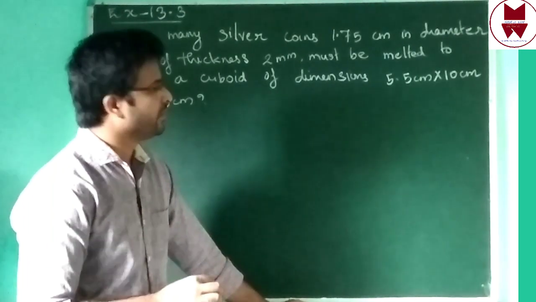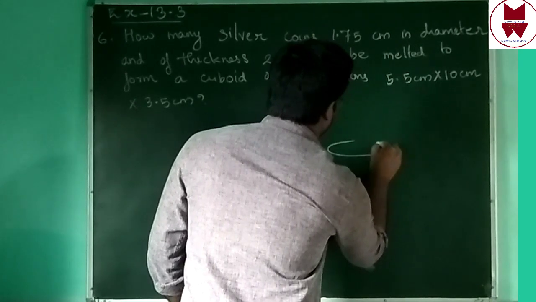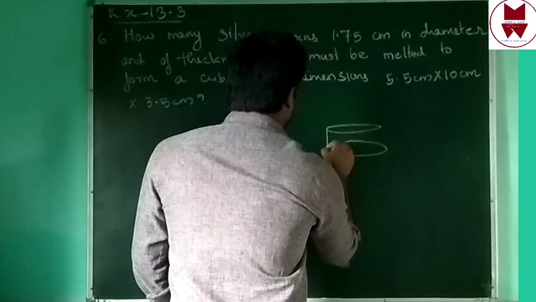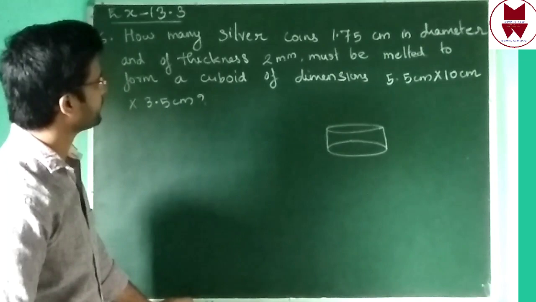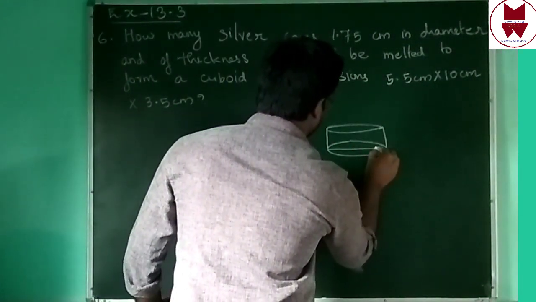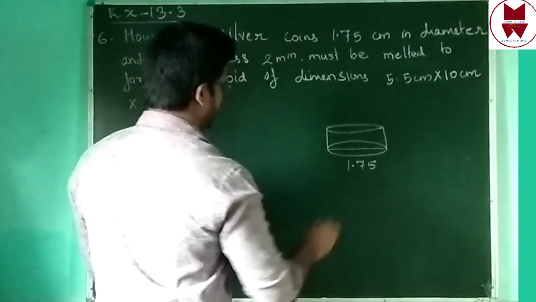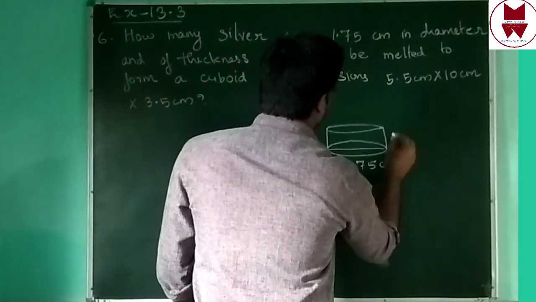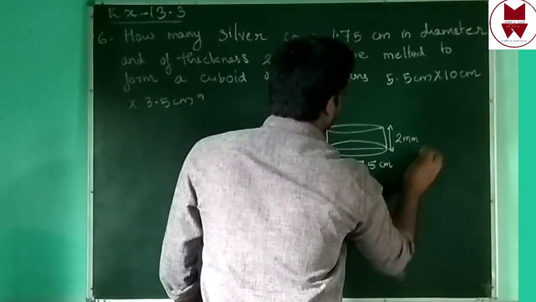First draw one silver coin, one cylindrical shape, just like one silver coin. Then the diameter is already given. Diameter is 1.75 centimeter and thickness is 2 millimeter.